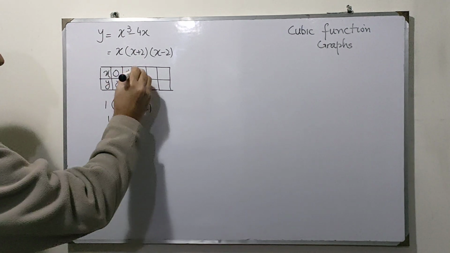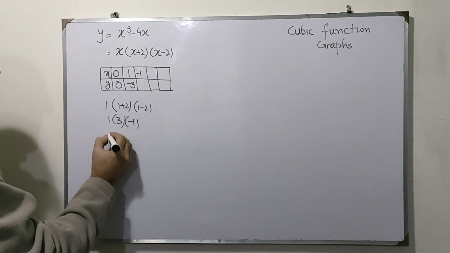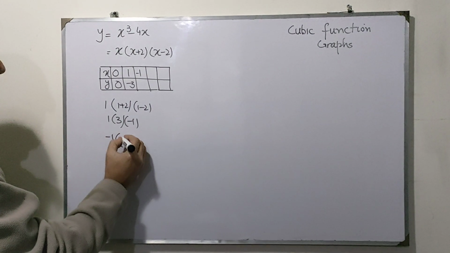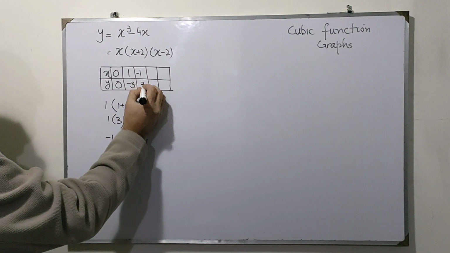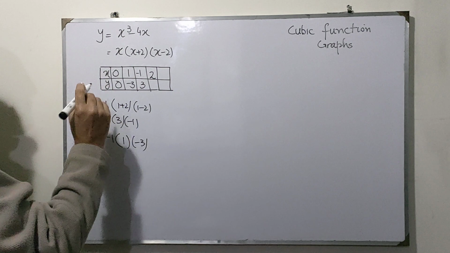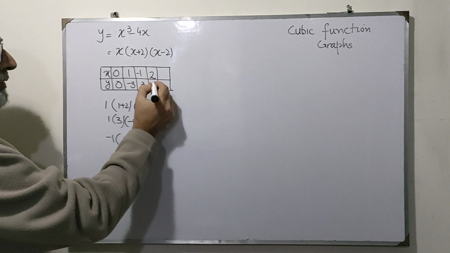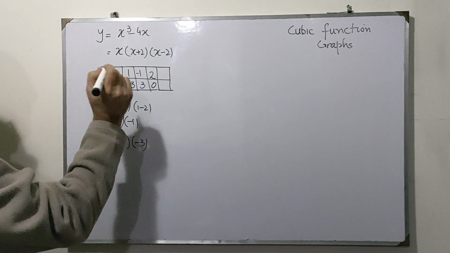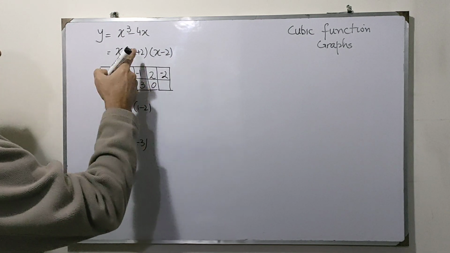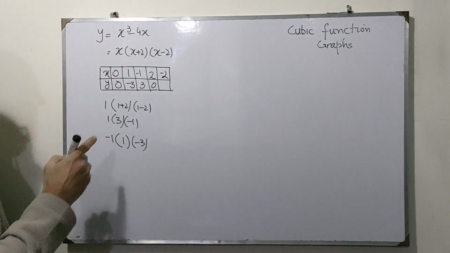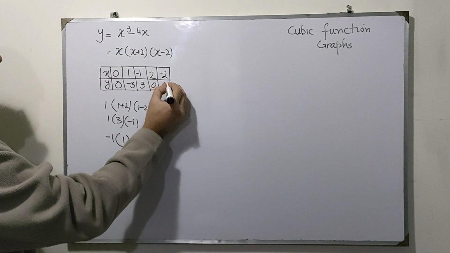And for minus 1, it is minus 1 into 1 into minus 3, so it's going to be 3. When I take 2, 2 minus 2 is 0, so it is 0. And when I take minus 2, minus 2 plus 2 is 0, everything will be 0, so 0.